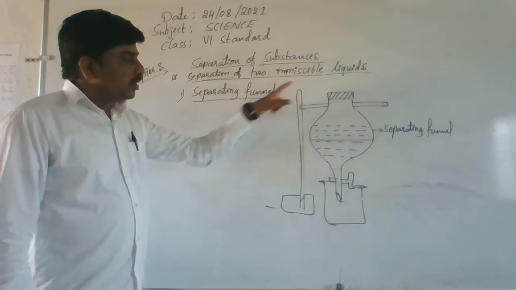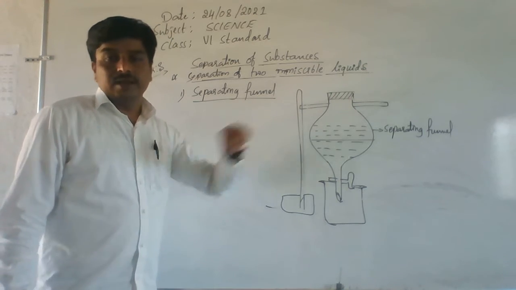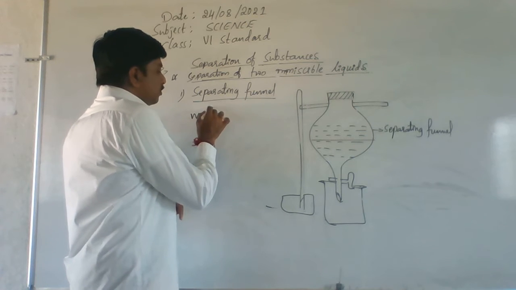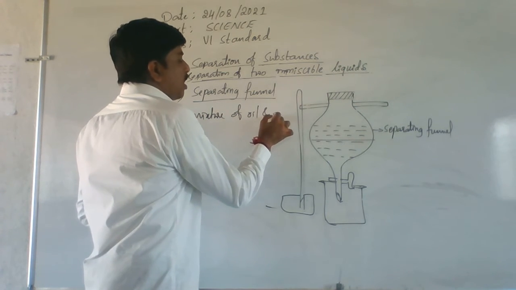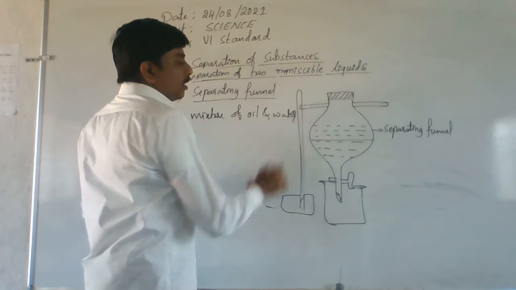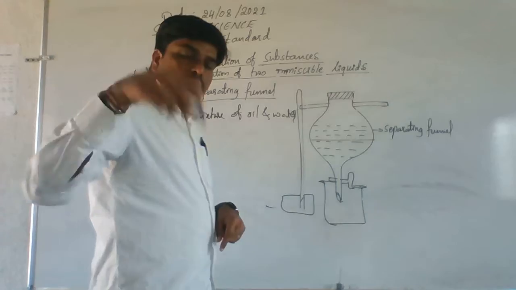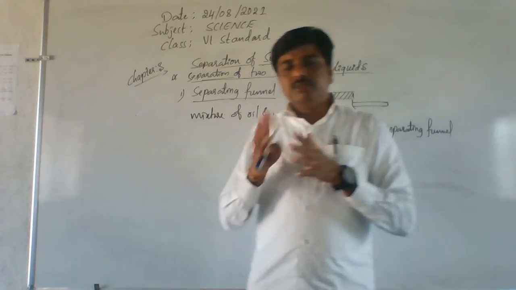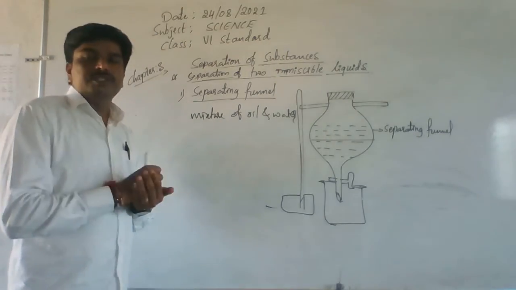To separate two immiscible liquids, what are we using? A separating funnel. I have already drawn the diagram here. This is called a separating funnel. Take a mixture of oil and water in a separating funnel and stir it well. At first it seems to dissolve in each other.